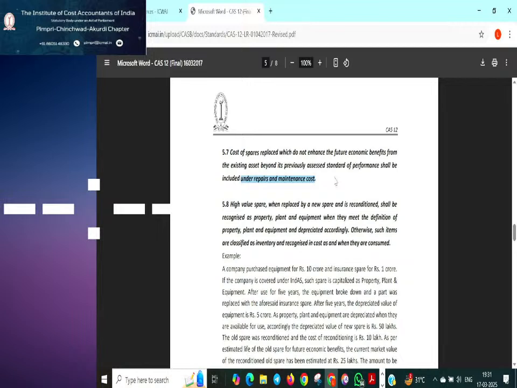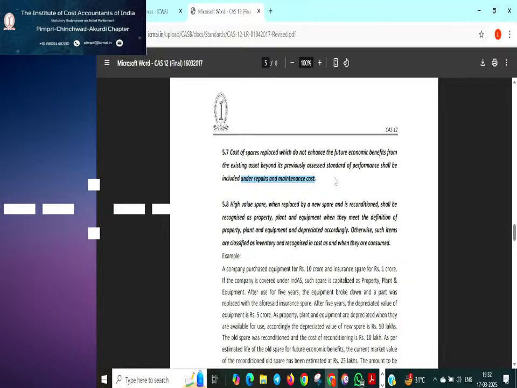But if it is going to enhance the future economic benefits, that is, enhance the productivity of that machinery, then it will be added to the machinery cost, the asset cost, and will be depreciated. So though it sounds like a spare, you should always see for what purpose this spare is there. Is it to take care of the existing machinery? It is not going to enhance any productivity.